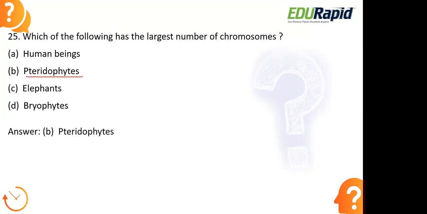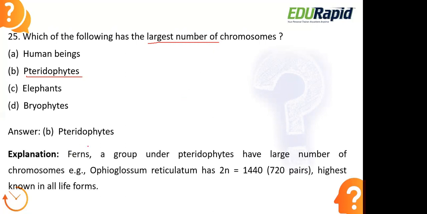Pteridophytes are one of the groups of organisms which has the largest number of chromosomes. Ferns belong to pteridophytes. These pteridophytes usually have a large number of chromosome sets in their body.